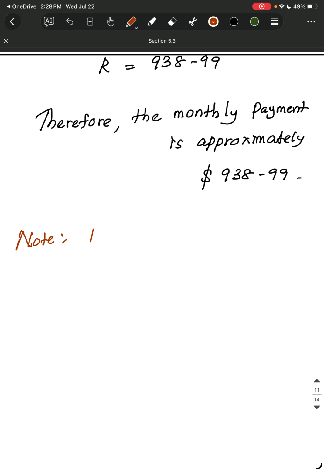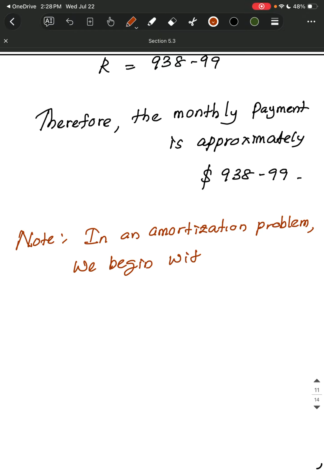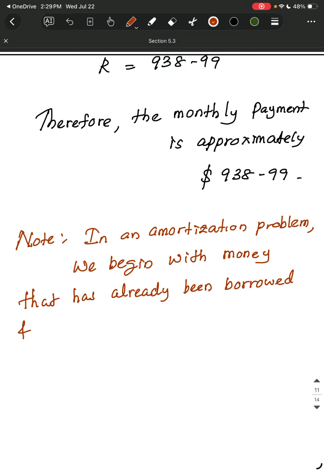In an amortization problem, we begin with money that has already been borrowed and gradually repaid.